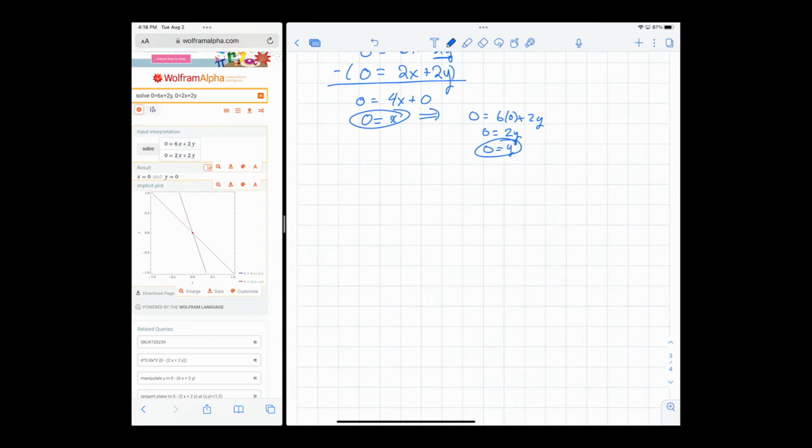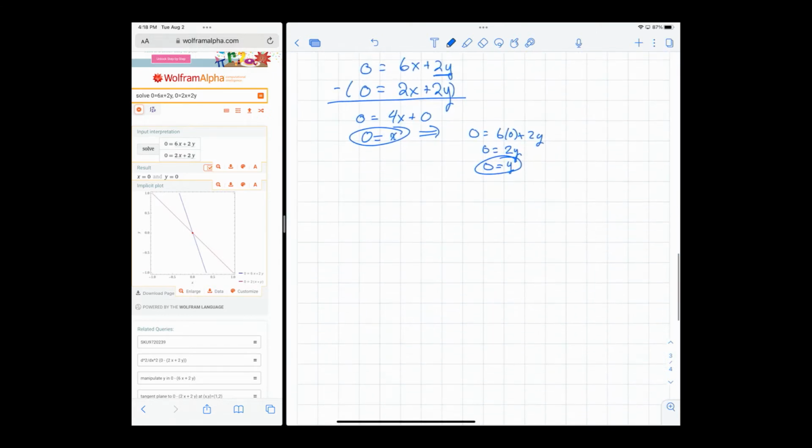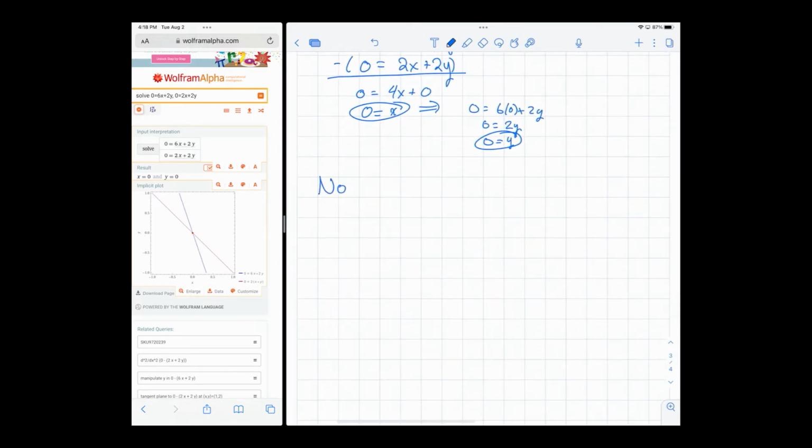Now the next thing to do is we have to look for extrema along the boundary, which is C1, C2, C3, right?